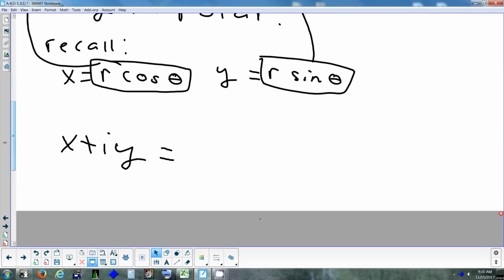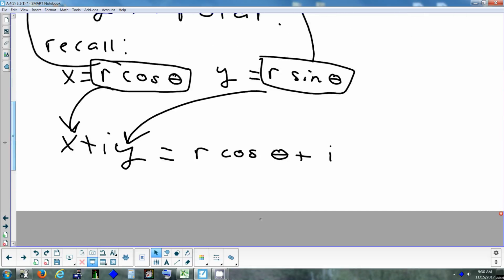So writing that, we would get r cosine theta, plugging that in for x, plus, the i is just going to stay right where it is. That doesn't move. And the y is going to turn into r sine theta.